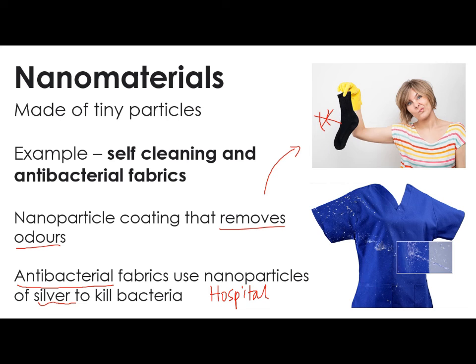Quite often things in hospitals have a silver coating or some kind of silver used in them because it is antibacterial. So it could be used on things like scrubs and face masks, but these antibacterial fabrics use silver within them, and the advantage is that it can't be washed away. It's in the structure of the fabric rather than just being a spray or a coating that you add to it.